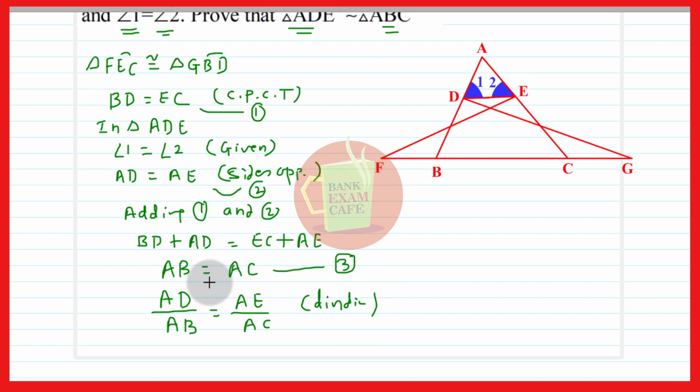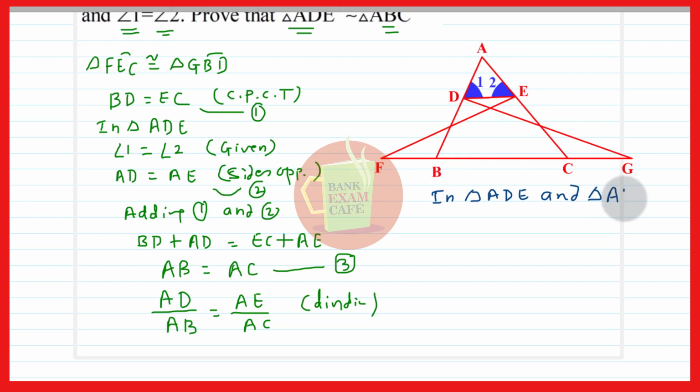So AD upon AB is equal to AE upon AC. This ratio is equal, and now we will take the two triangles, triangle ADE and triangle ABC, because these two triangles we have to show similar.